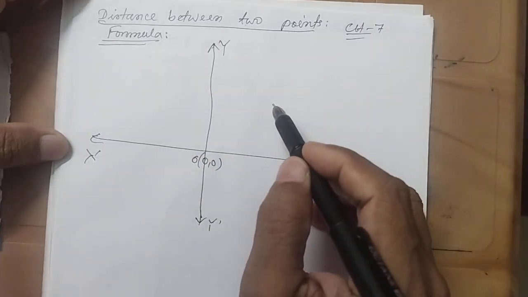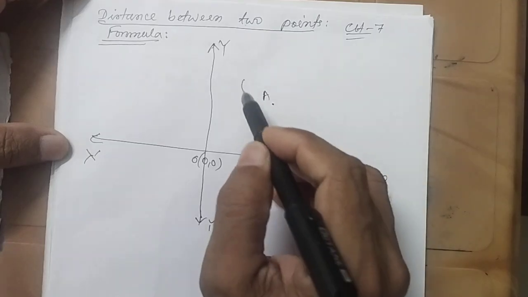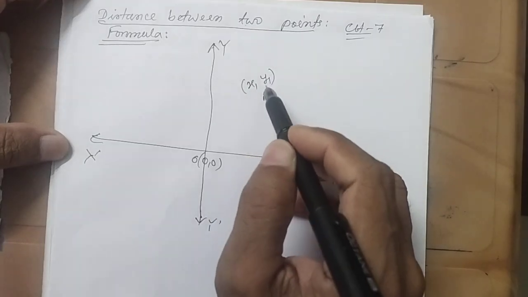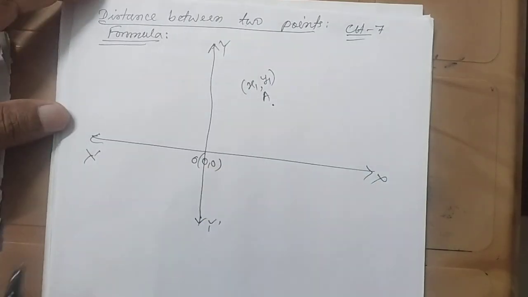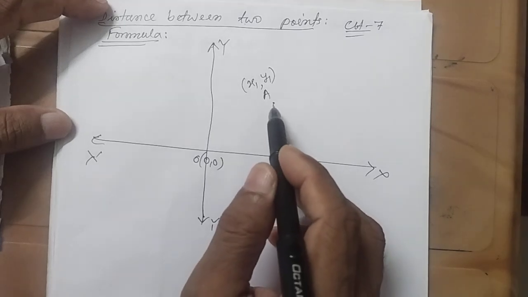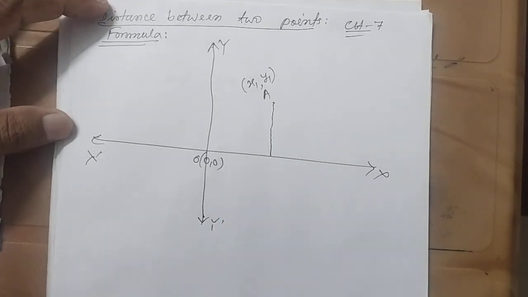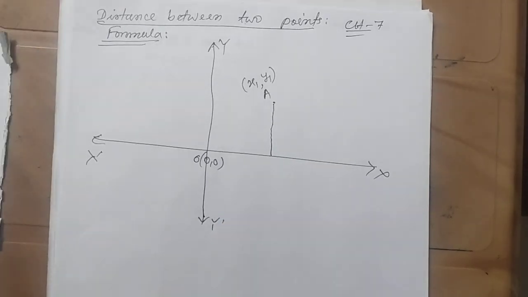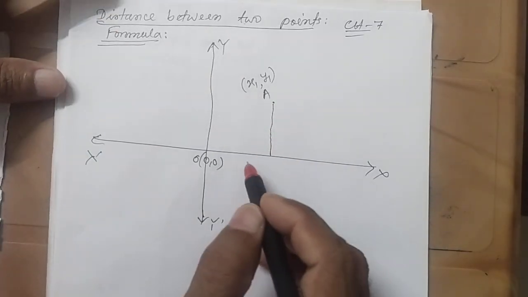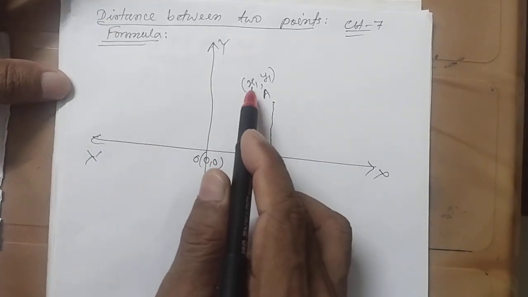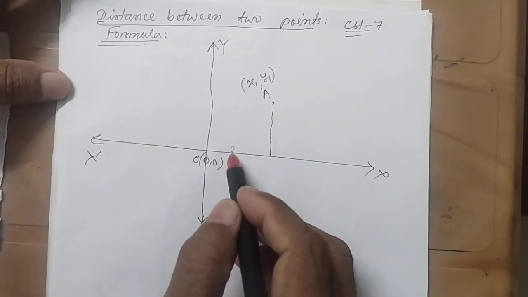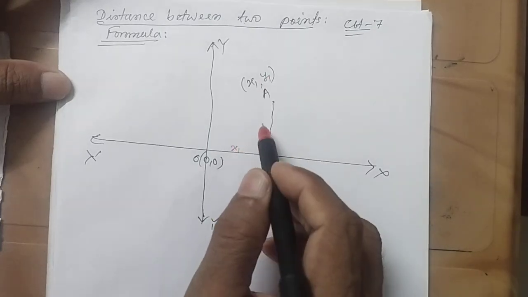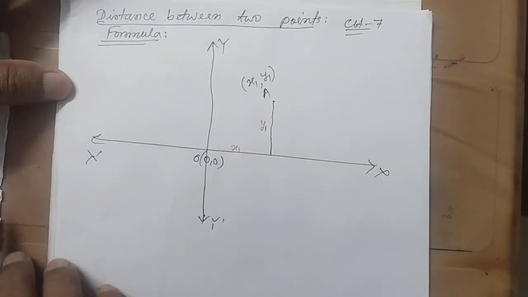Now take a point A with position, or coordinates, (x1, y1). What does it mean? If you draw a horizontal line and a perpendicular here, the first number is the horizontal distance, x1, and the second number, y1, is the vertical distance.